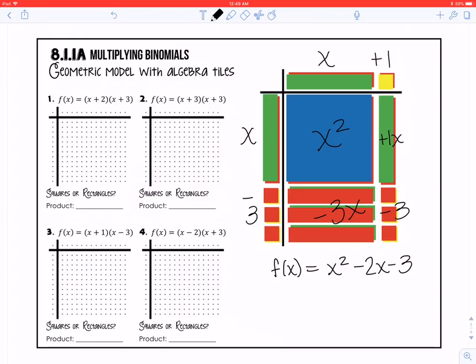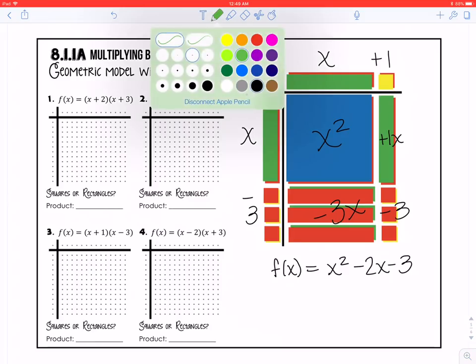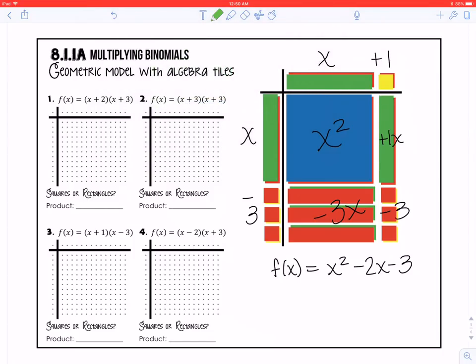Okay, so what I want you to do is to go ahead and record that on your record sheet. You can make the dimensions whatever you want. I tend to go 1, 2, 3, 4, I think is what I did. 4 spaces for my x.